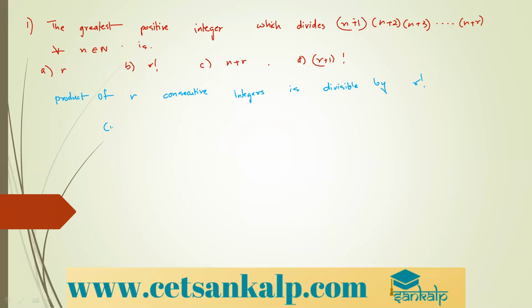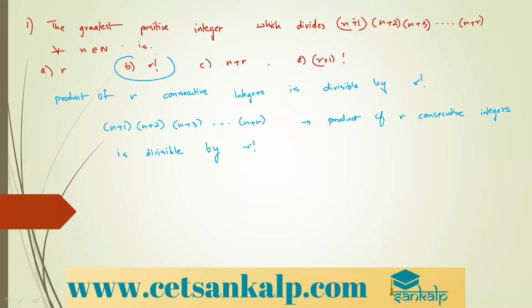So I have n plus 1, n plus 2, n plus 3, like that, up to n plus r. So these are a product of r consecutive integers. That means obviously it will be divisible by r factorial. So we can go for option B.